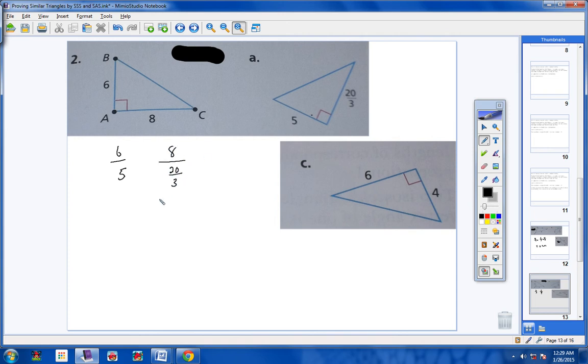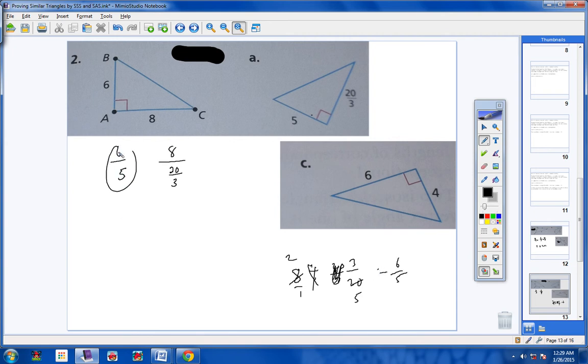Okay, so here we go. We have 8 divided by 20 over 3, which is really 8 over 1 times 3 over 20, okay? 4 goes into both of these, 2 and 5 times, and look what we get. We get 6/5. We get the same thing.